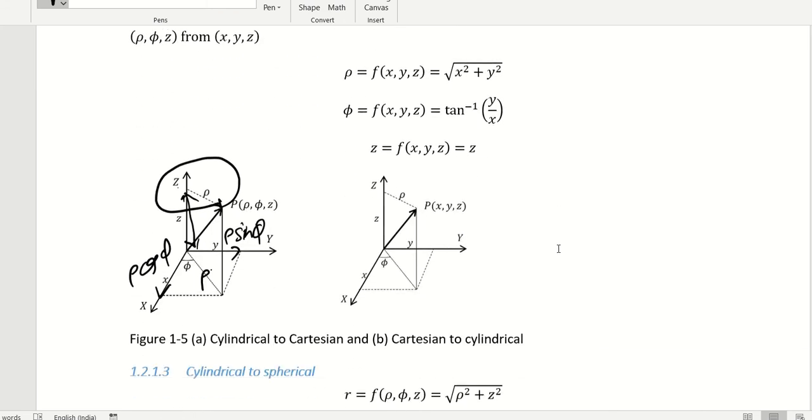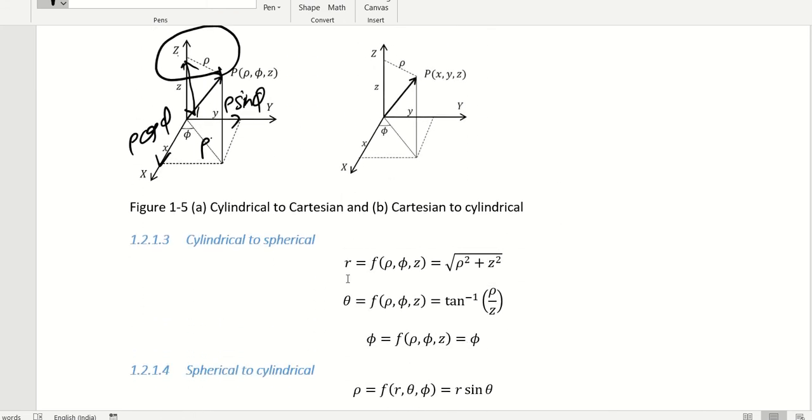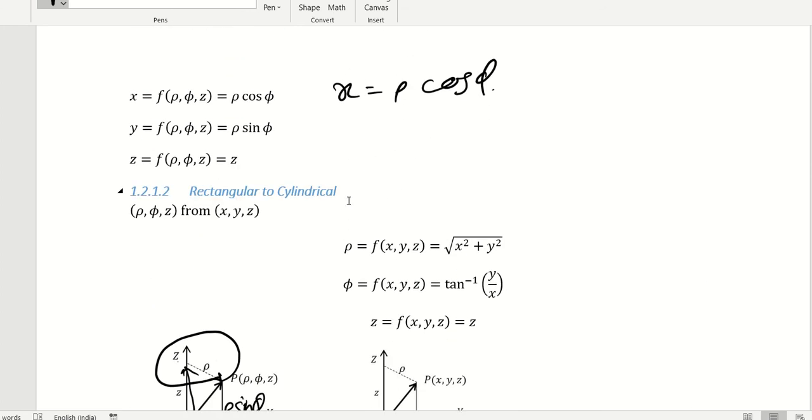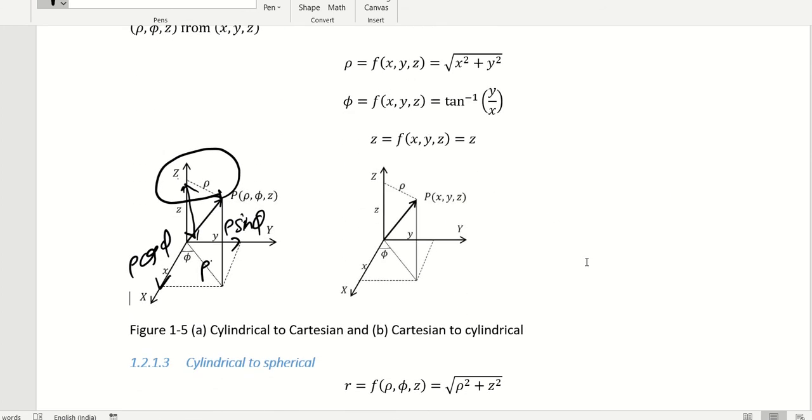Similarly, I will convert from rectangular to cylindrical. We have a point x, y, z in rectangular coordinates, and we want to convert it into cylindrical coordinates. Basically my aim is to get this rho value from the rectangular coordinates. x is this side, y is this side, so what will be my diagonal?